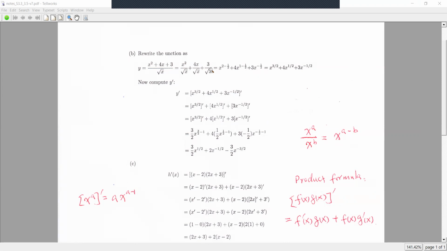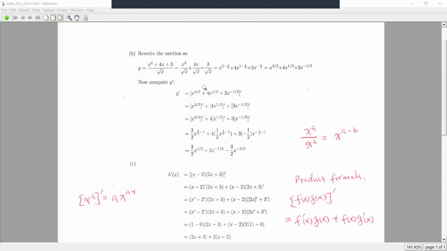Now 1 over square root of x is x to negative 1/2. Now simplify the powers. 2 minus 1/2 is 3/2. 1 minus 1/2 is 1/2. Then all the terms now are powers. Now I compute derivative.